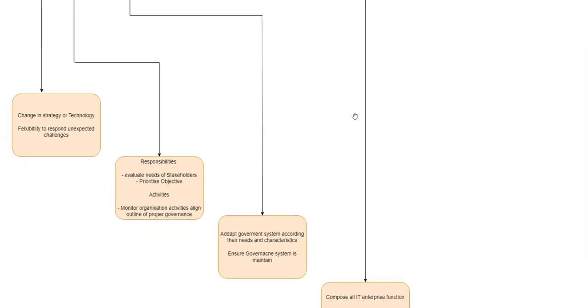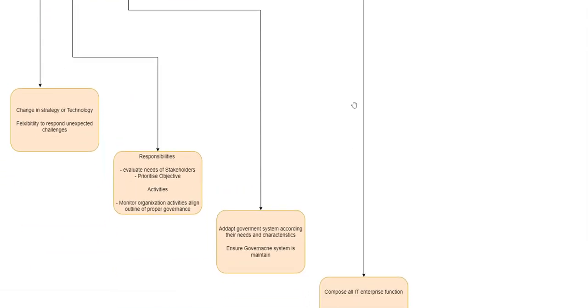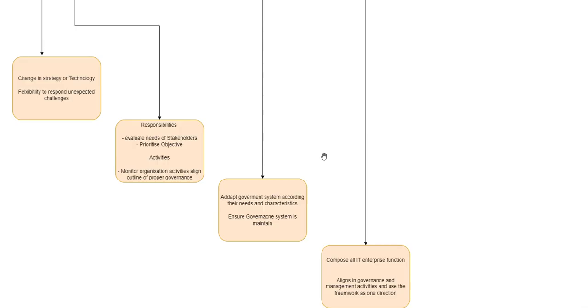enterprise needs. Enterprise needs: adapt the governance system according to its needs and character. Ensure governance is maintained. So they will adapt the governance system according to their characteristics and needs. This means they will adapt the principle based on the character of the stakeholder and their needs.